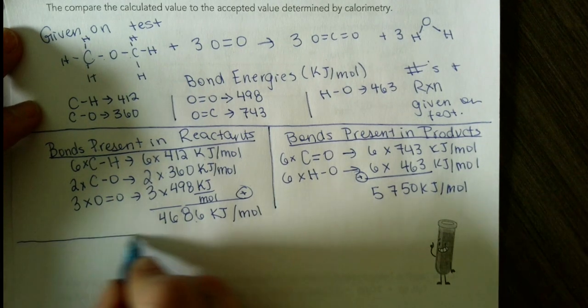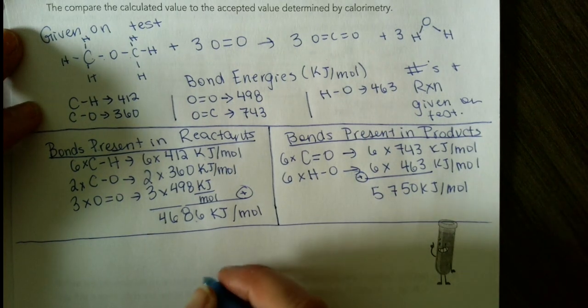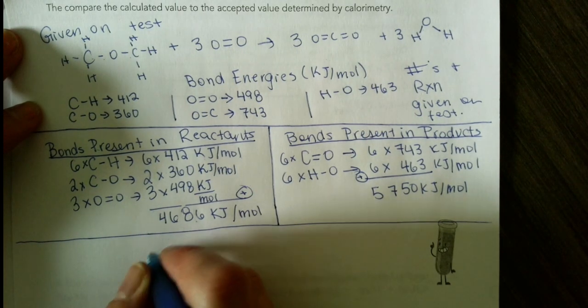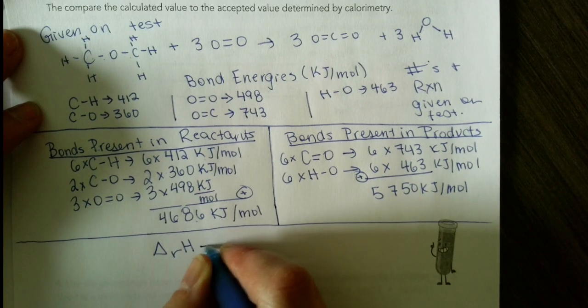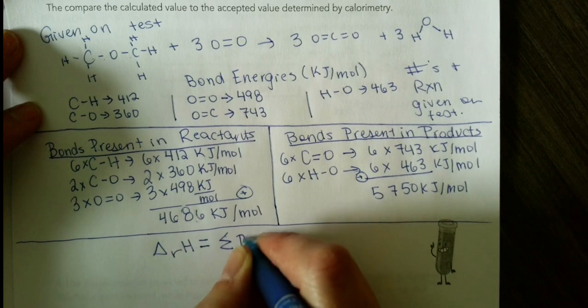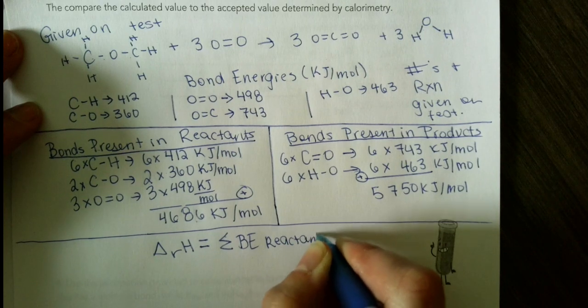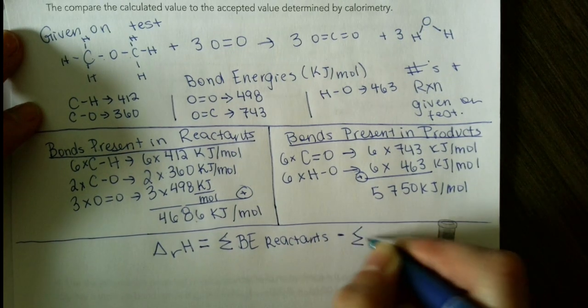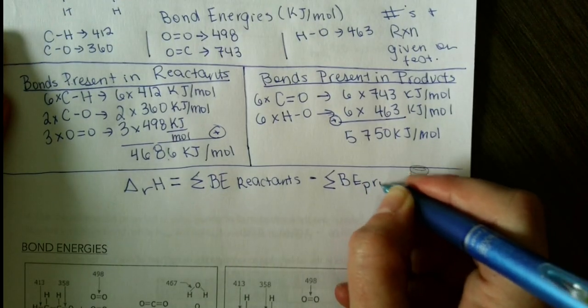So we're going to do our delta H of the reaction, and this is the sum of the bond energy of reactants minus the sum of the bond energy of products.